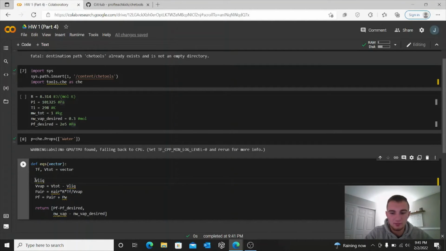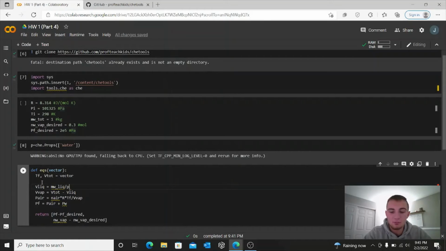The volume of the liquid phase equaled the mass of the water in the liquid phase divided by the density of water. And this is when we can use the pre-written code that we have added in. So if we do P dot RHOL, this will return the density of water.